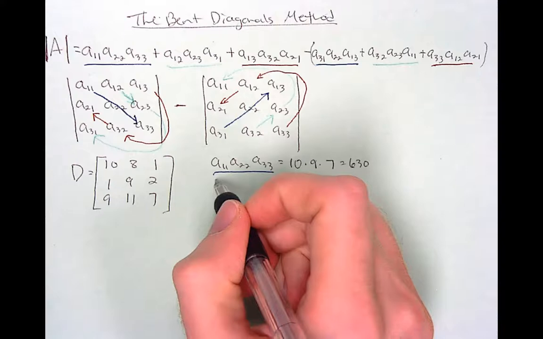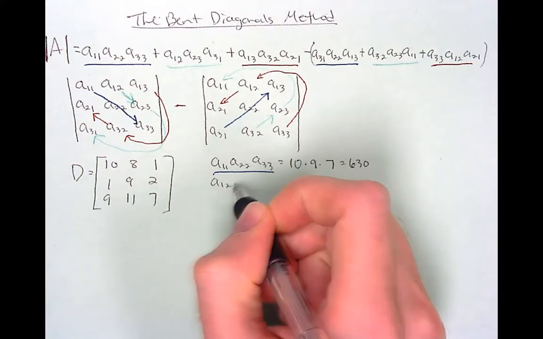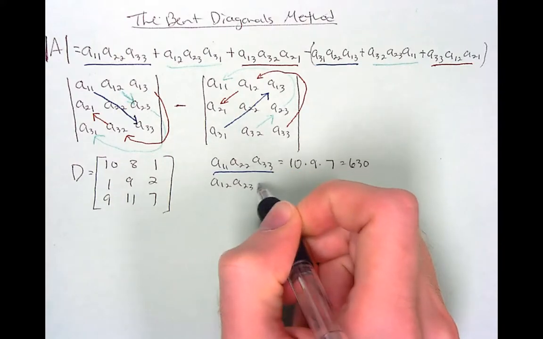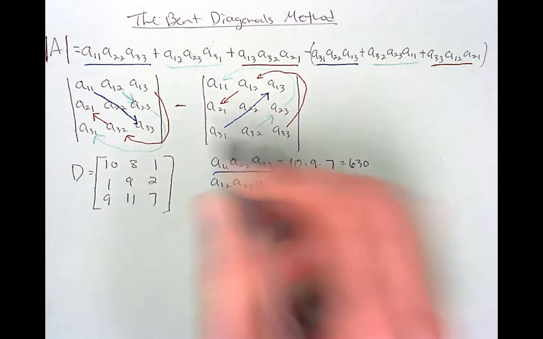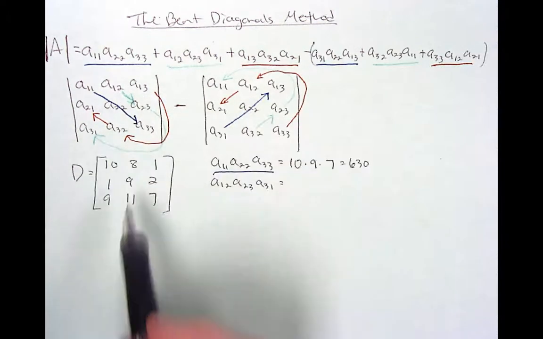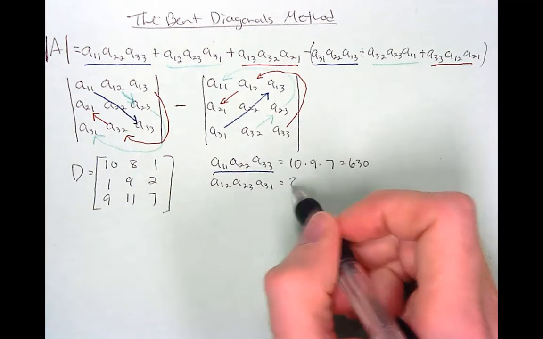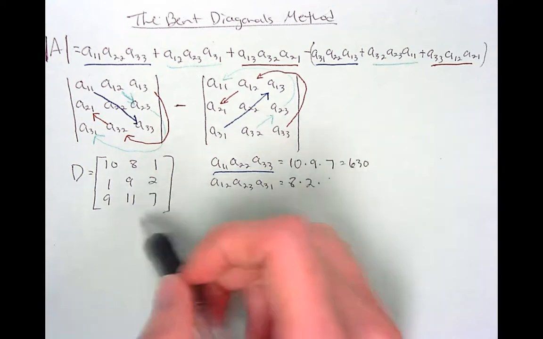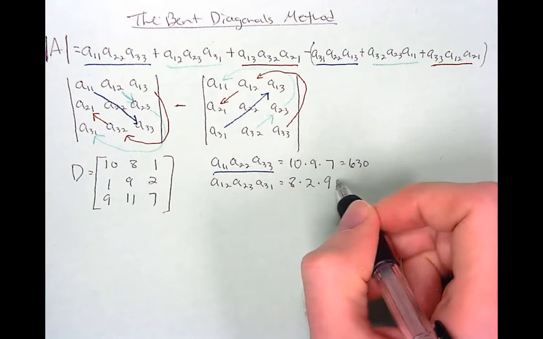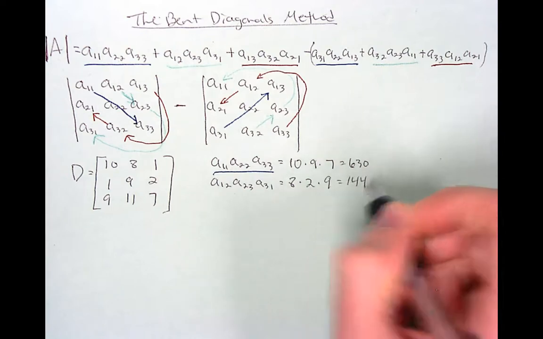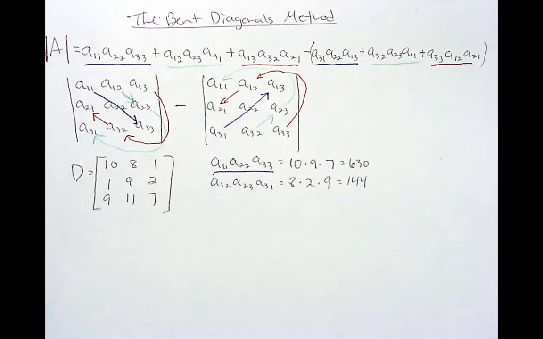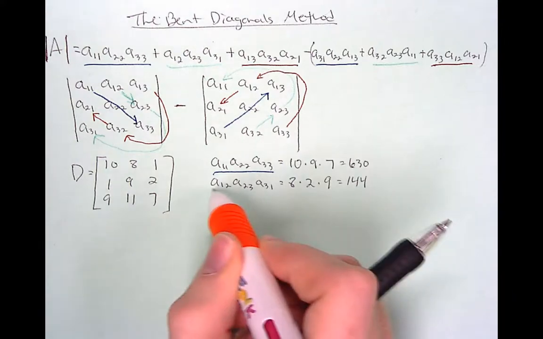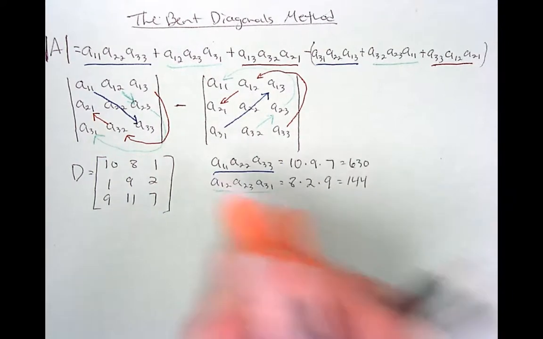Then we have A12, A23, A31, which was this green one, so we're going to follow that. We got 8 times 2 times, come around, 9, which equals 144. That was in green.